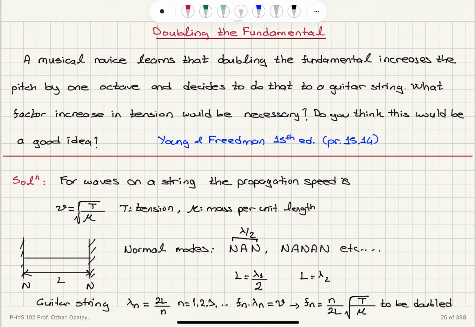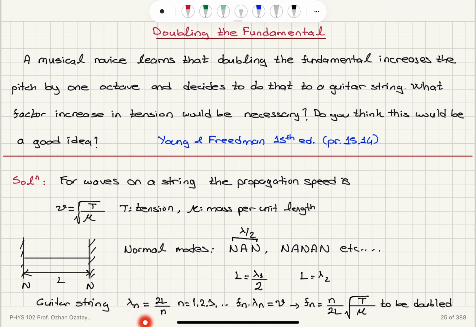First of all, the propagation speed is square root of tension divided by mass per unit length. When we consider a guitar string, the boundary condition is that we have two fixed ends, so two nodes. The fundamental mode is node, antinode, node, which has a wavelength of 2L. The second harmonic has a wavelength of L, etc.